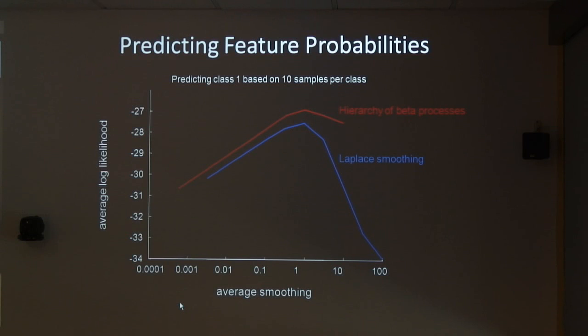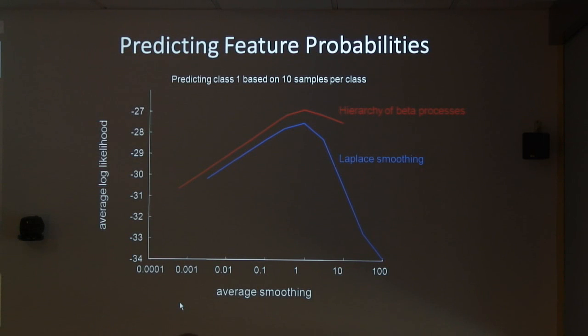And that's really expected because Laplace smoothing is not looking at other categories, whereas this is using data from other categories. So there must be some information that is drawn. And if you are better at predicting what documents will look like in a particular category, you should be able to be better at classifying what is the right category for a particular document.